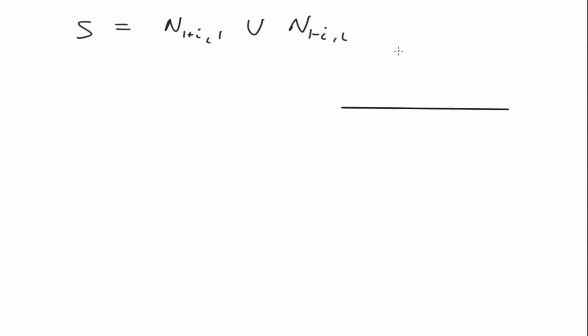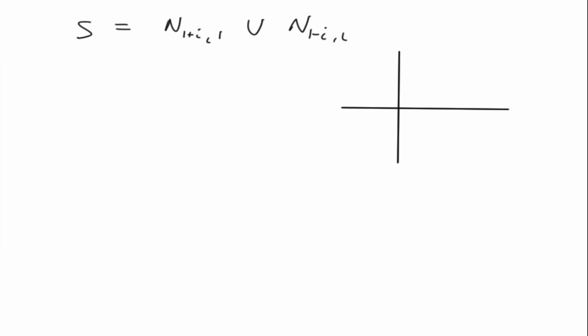So let's talk about the set. It's going to be the neighborhood of 1 plus i, comma 1, union the neighborhood of 1 minus i, comma 1. Okay, so let's look at what this set looks like. I'm going to have to draw precisely.